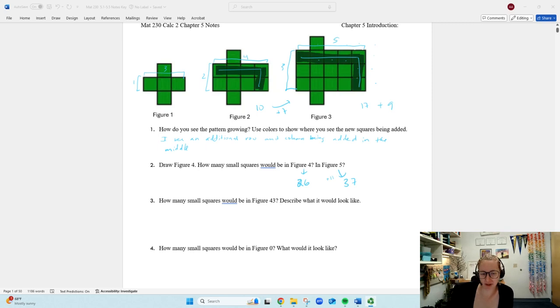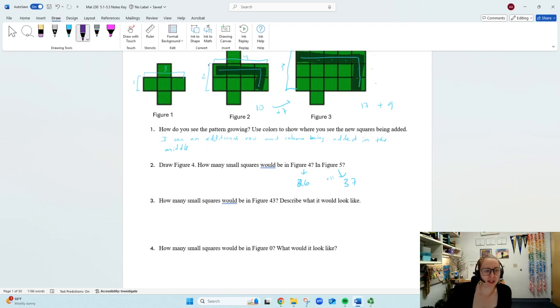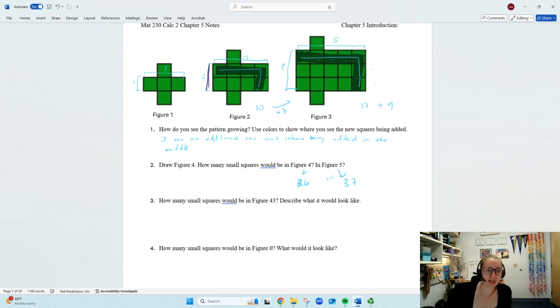So kind of thinking about what figure 43 would look like, hopefully by now you've started to notice this pattern, that the number of rows that we have is also the number of the figure. So in figure 43, I would have 43 different rows right there, and then it looks like it's 2 more than how many rows we have.